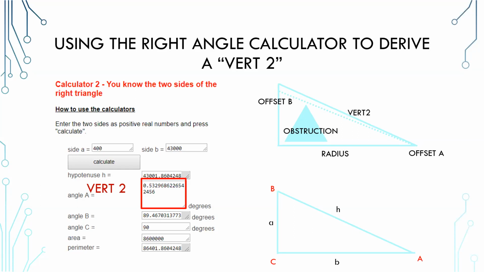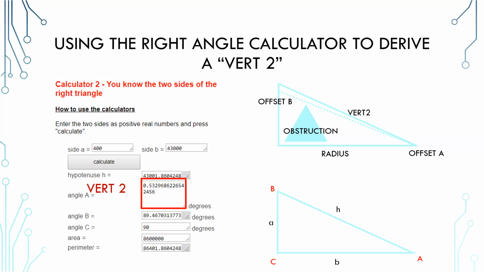So you can see the difference between the offset A to the offset B, or the height of the UAV from the ground control station. And the Vert 2 is the dashed line, and that is the 360-degree sweep at that altitude that the visibility analysis tool will be doing.